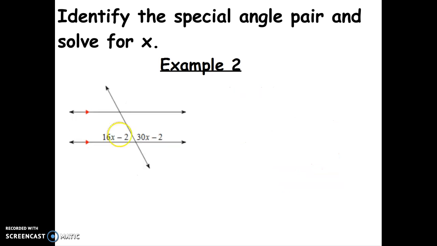Example 2. These angles are right beside each other, so we know that these are linear pairs. And linear pairs are also supplementary, so we're going to add them up to equal 180. So 16x minus 2 plus 30x minus 2 equals 180.